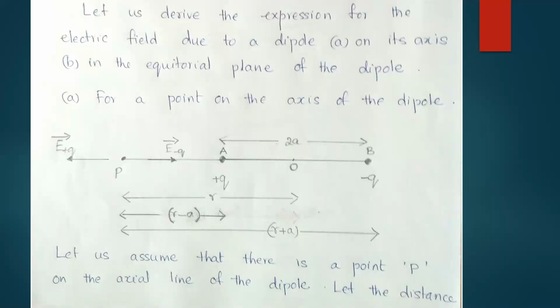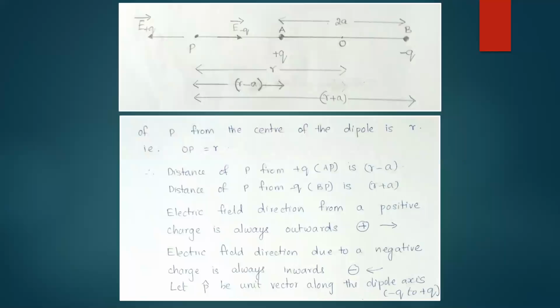Then we will get the final expression for the electric field. The distance of P from plus q is r minus a. The distance of P from minus q is r plus a. Therefore, we have to take those distances and calculate.